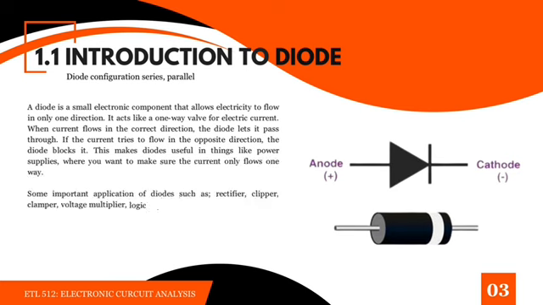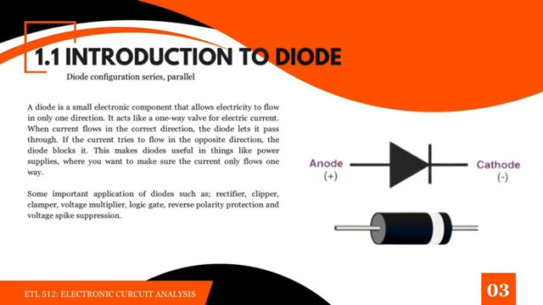So what is a diode? A diode is a small electronic component that allows electric current to flow in only one direction, functioning like a one-way valve. When the current flows from the anode, the positive side, to the cathode, the negative side, the diode conducts and allows electricity to pass through. If the current tries to flow in the opposite direction, the diode blocks it.